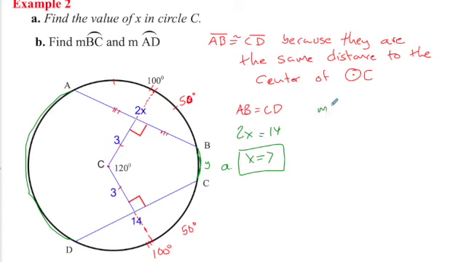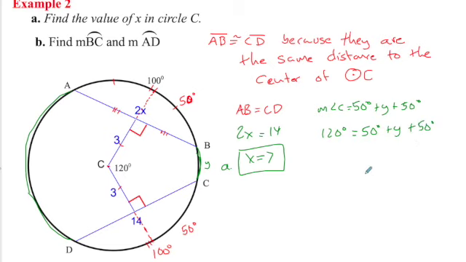So the measure of angle C is going to equal 50 degrees plus y plus 50 degrees over here. So that would be the angle. Oh yeah, I know that angle C is 120 degrees. So 120 degrees equals 50 degrees plus y plus 50 more degrees.